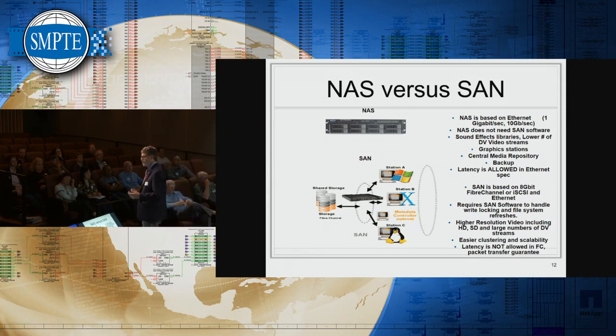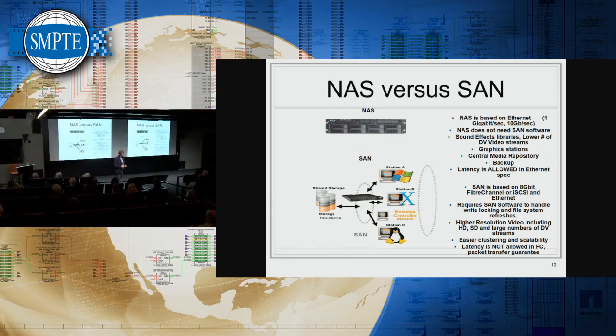There's a few exceptions, but in general, NAS will run on standard protocols. Today, this one needs to be updated some more, but mostly NASs were used up until a few years ago for non-real-time things, sound effects libraries, lower bit rate, backups, and they were not very dependent upon network performance.